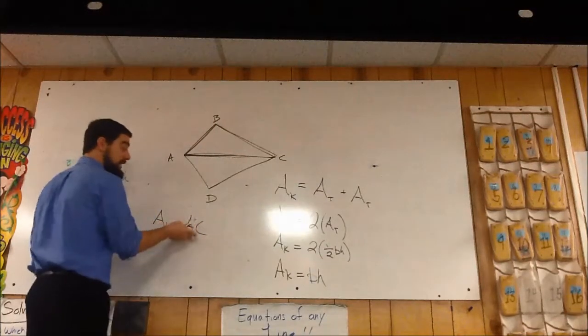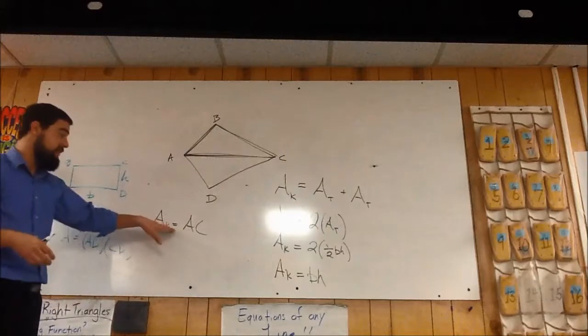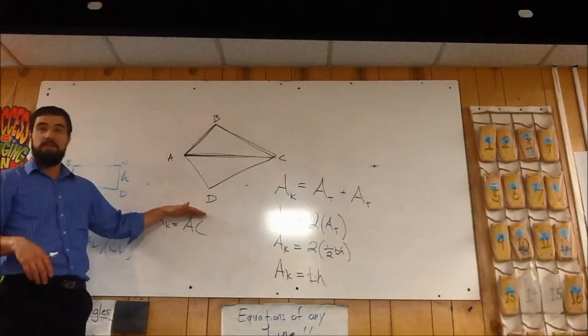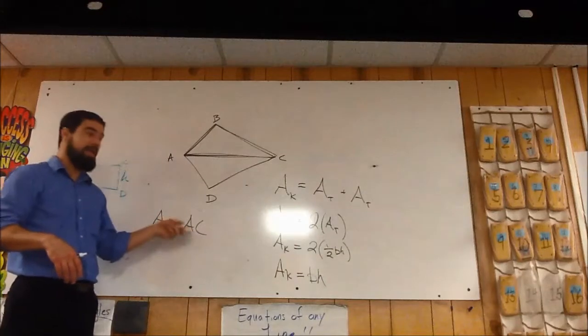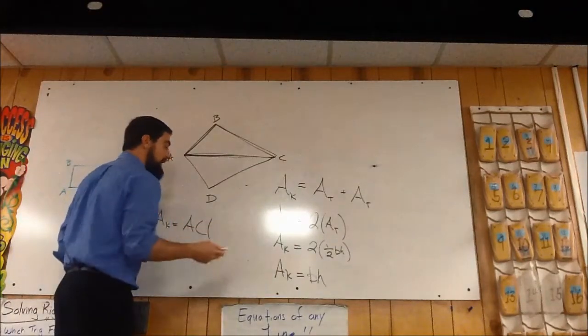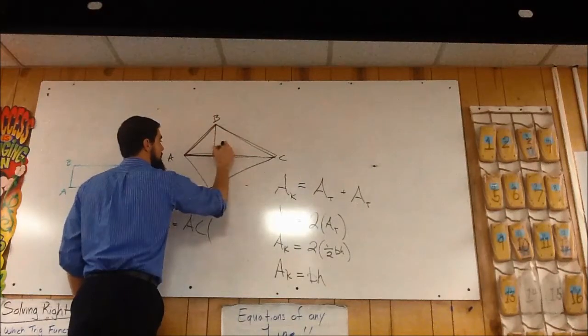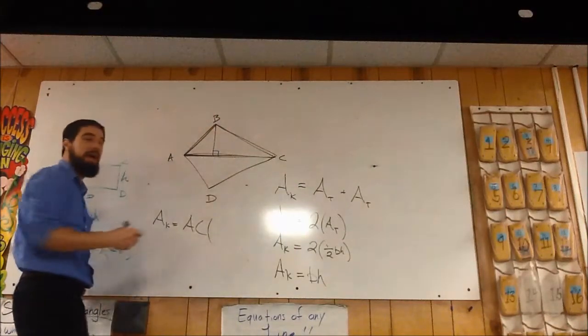Again, notice my notation. We're talking about an equation with numbers, so there's no line above it. This is the length of segment AC. That is my base. Well, the height, I need the height.